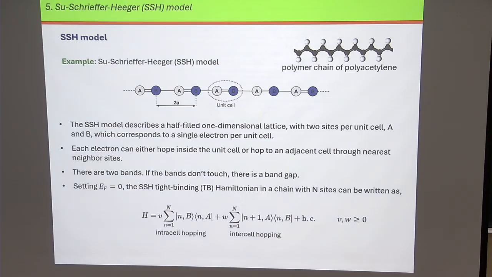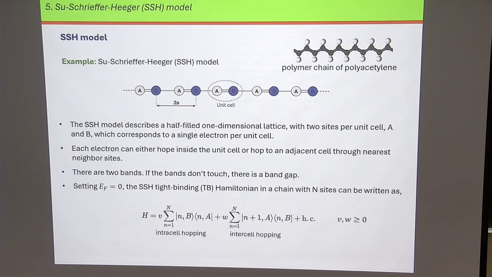Essentially it's just modeling this chain in this form. We have some cells, and we have inter-cell hoppings and intra-cell hoppings. In all these situations, we always put the Fermi energy at 0 of the energy.